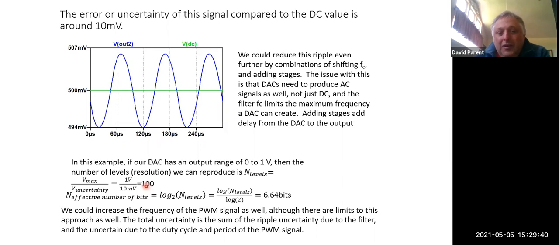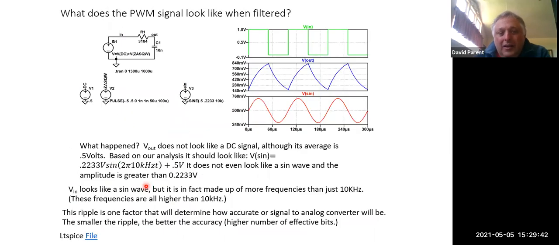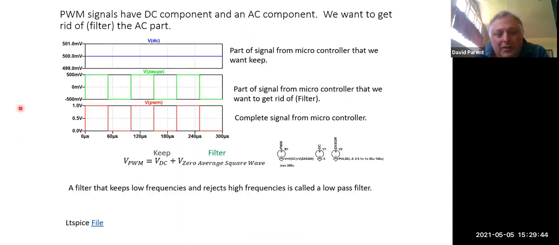Well, as I said before, the digital value is depending on how long you're on. So I might be able to control how long I'm on, which gets converted to a DC signal.